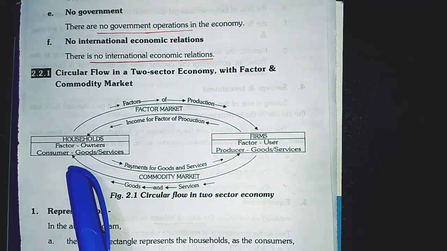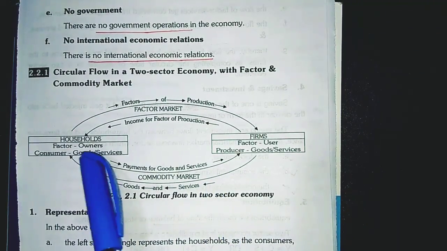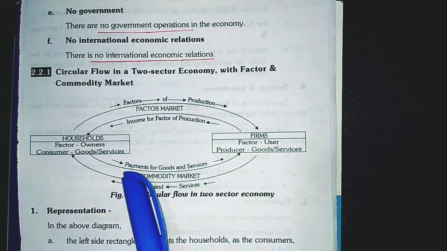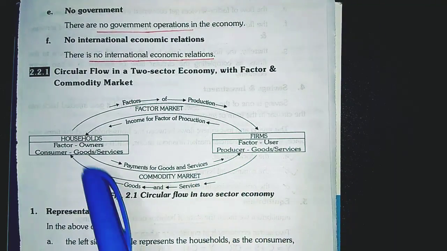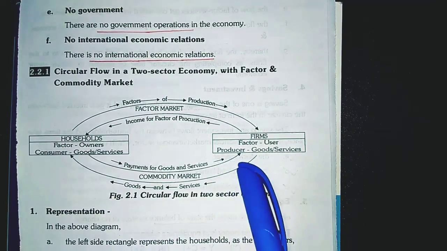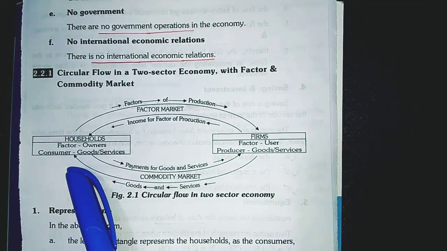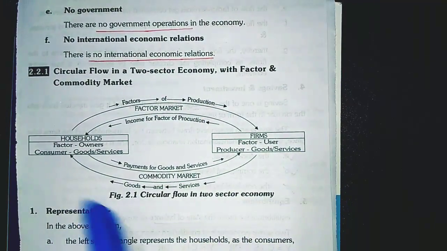Will they utilize all these products and services free of cost? No, for that they have to make payment. That payment goes back to the firm. So that is nothing but the income flow in the two sector economy.